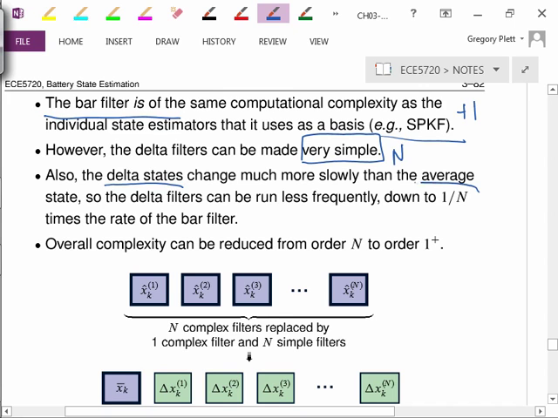And in the limit, we could update only one delta filter every iteration instead of all n of them. So in iteration 1, I update filter 1. Iteration 2, I update filter 2, etc. And I go through this. And when I've updated all of the filters, then I go back to filter number 1 and start over again. And that can be sufficient because the dynamics of the delta states is so much slower.